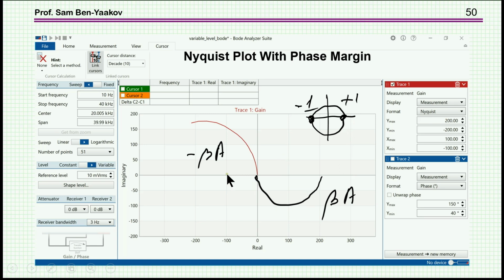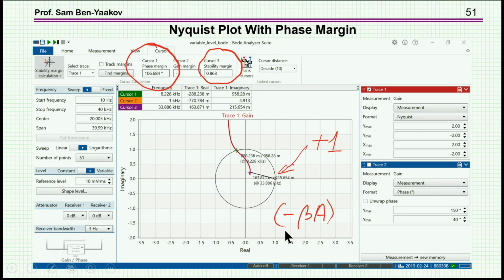And here is a zoom around the 0, and here we see the trace coming up. This is the unit circle. Here is the penetration, and indeed the phase margin here is 106, which is very nice. And then we also have the so-called gain margin or stability margin, which is the shortest distance to, in this case, +1, otherwise we would have looked at the distance to -1, and it is about 0.8, which is okay.